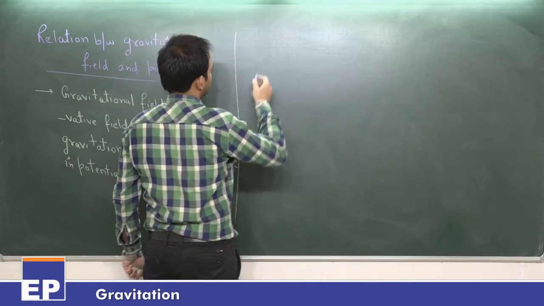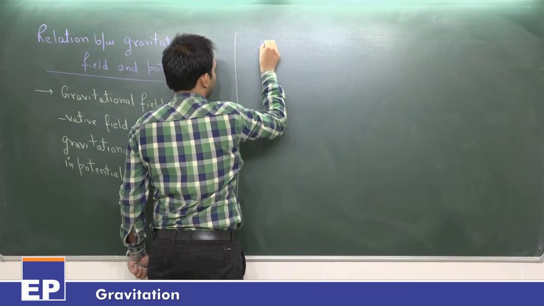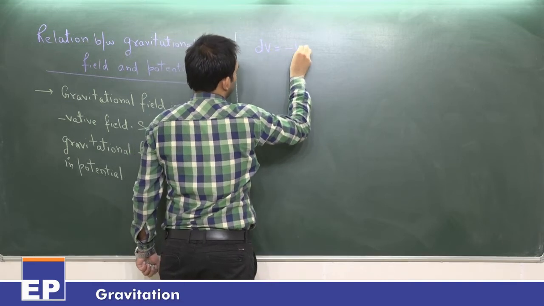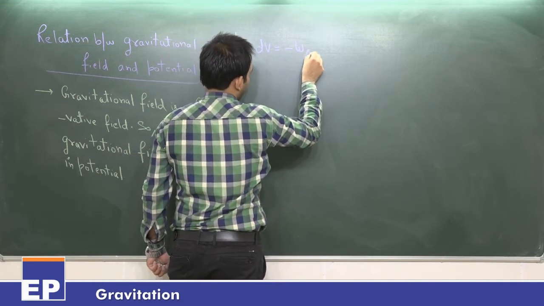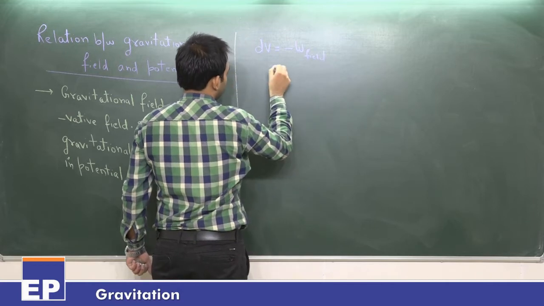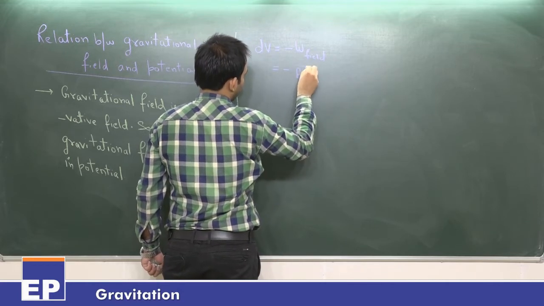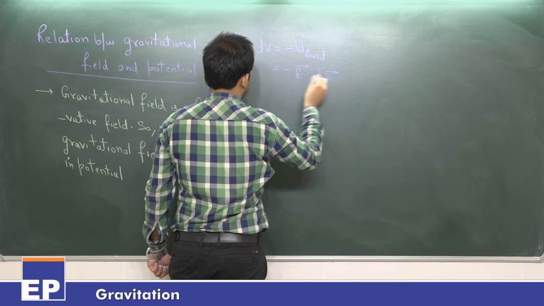We know this thing: the change in potential is the negative of work done by the field, that is minus of E dot ds. First thing is this.